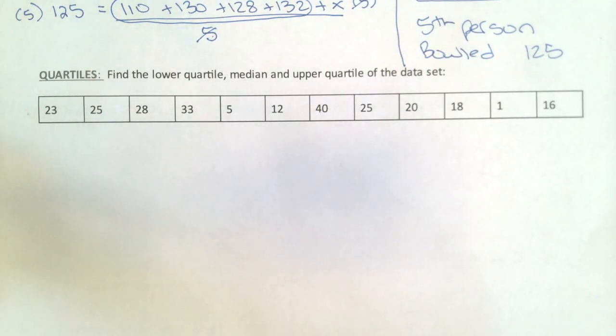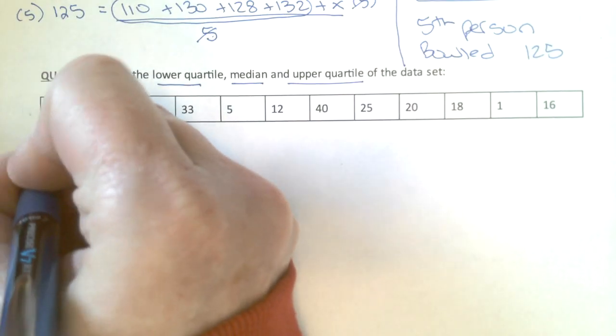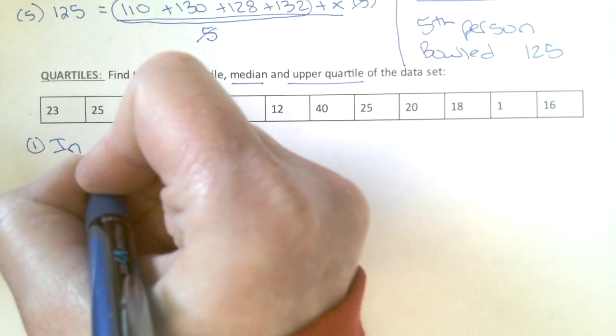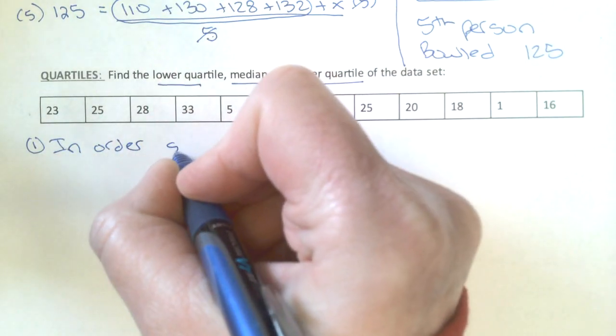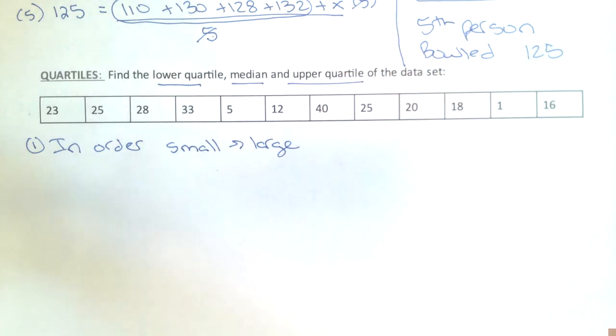I have this data and I would like to find the lower quartile, the median, and the upper quartile of this data set. So the first thing that I'm going to do is put it in order from small to large.